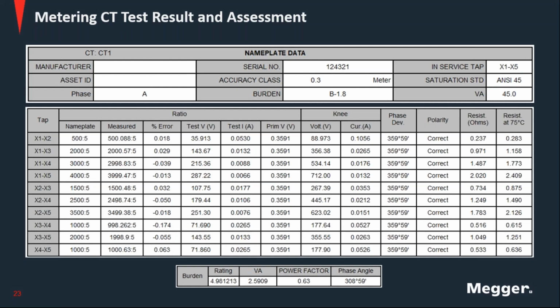So everything we see here is results from a test on this CT. You can see that it is a multi-tap CT. You have all the ratios here, and across the entire winding, X1 to X5 is a ratio of 4,000 to 5. The measured ratio is 3,999.47.